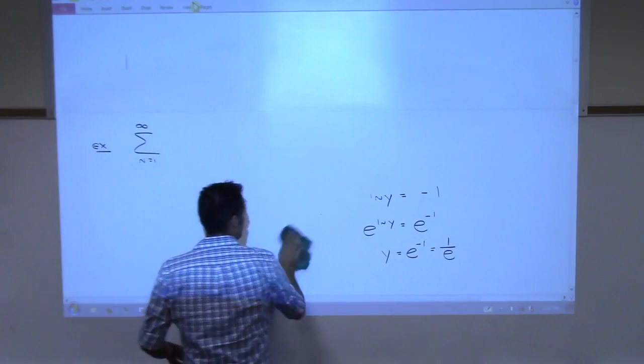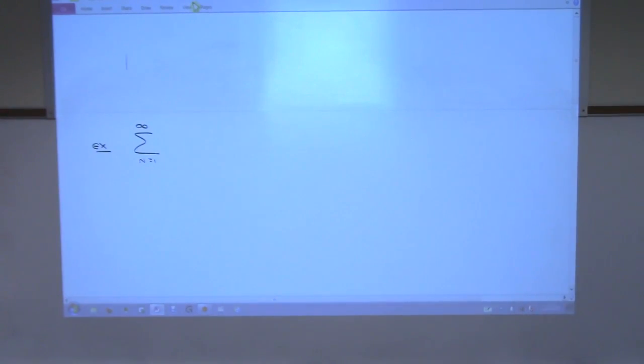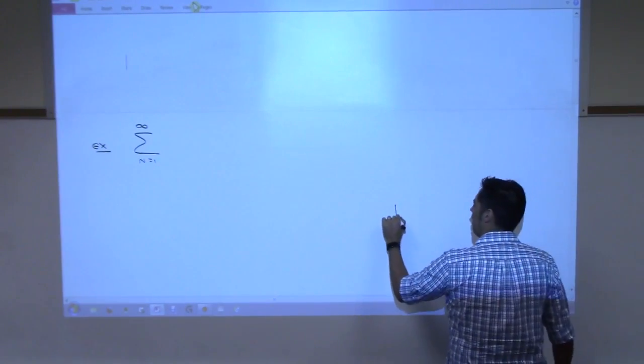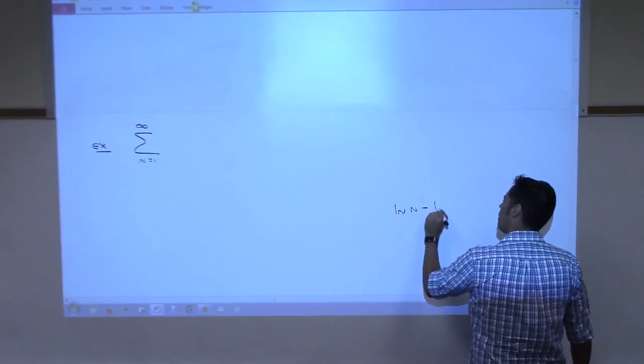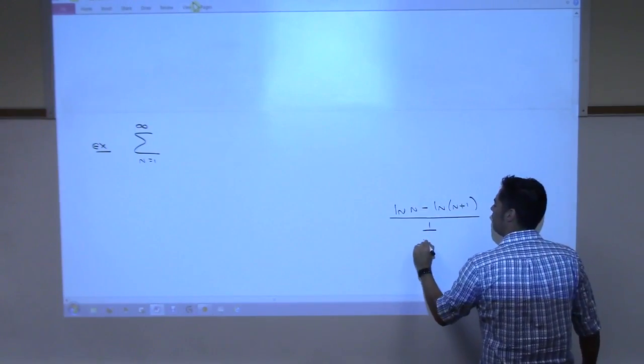Let's do another one. Would that have still worked if you had split it up, like when you first took the natural log, and used subtraction? Let's see, we would have had natural log n minus natural log n plus 1 over 1 over n.